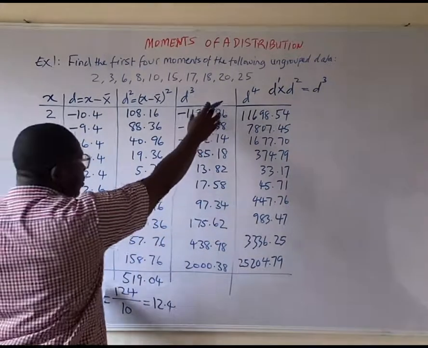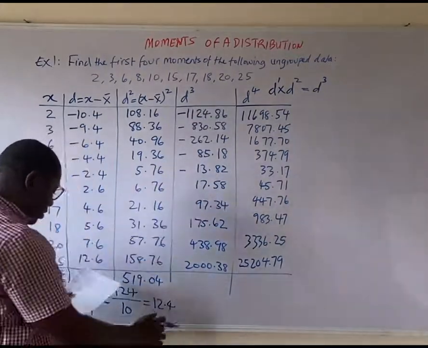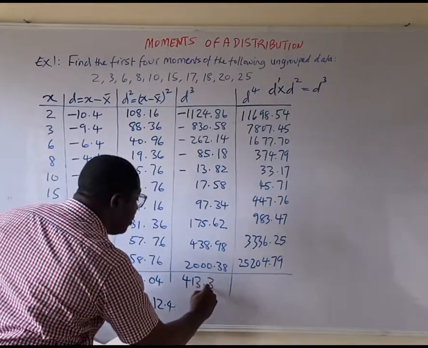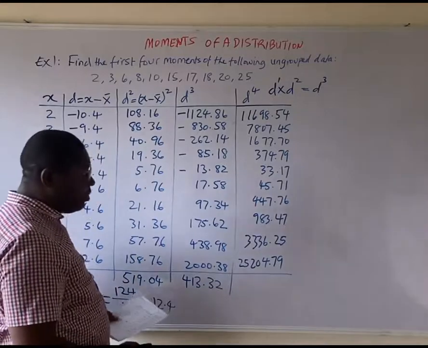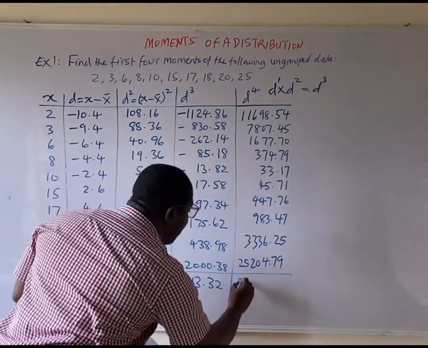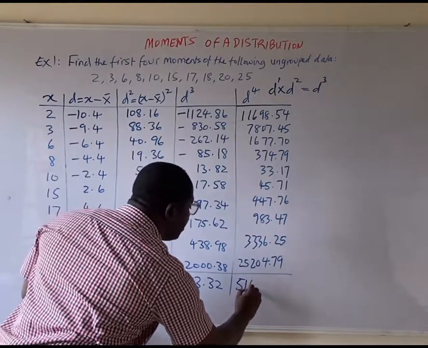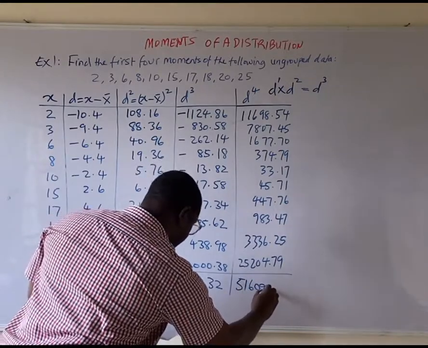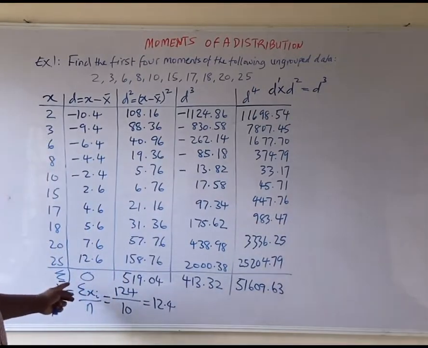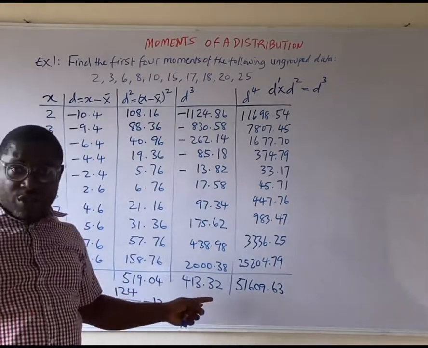Now, sum this quickly too. The 3rd degree, the summation is 413.32. Then this last one is 51609.63. So these are the summations of the deviation.